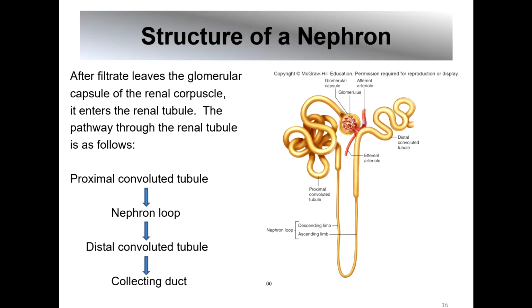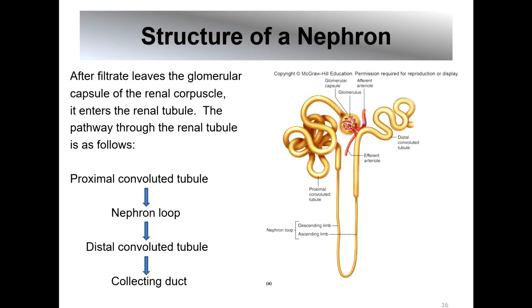All right, so filtrate passes from the ascending limb of the loop of Henle onto the DCT, or distal convoluted tubule, and then from the distal convoluted tubule onto the collecting duct, which passes the urine. It's urine now. Urine onto the minor calyx, the major calyx, the renal pelvis, the ureter, the urinary bladder, and then the urethra.